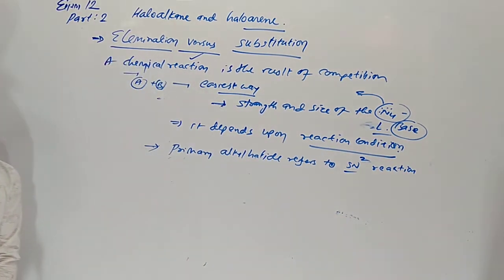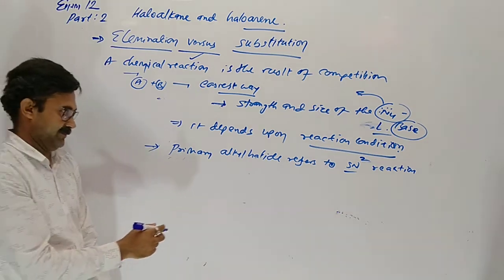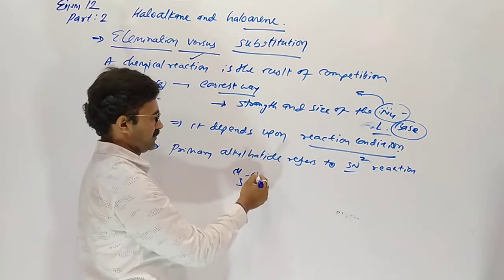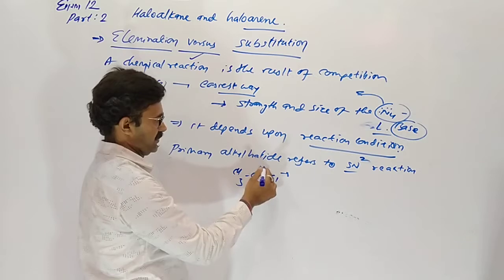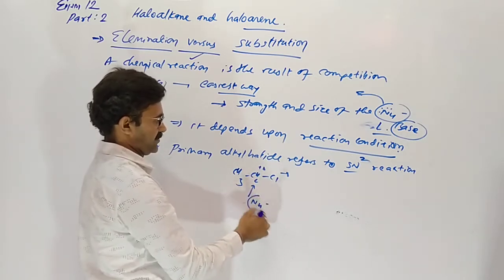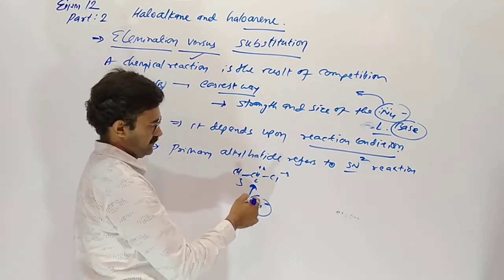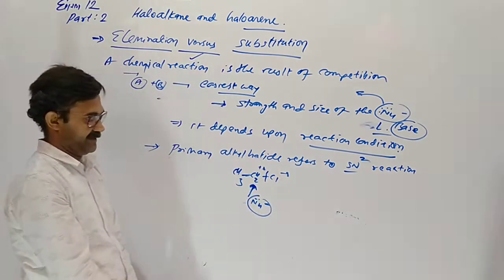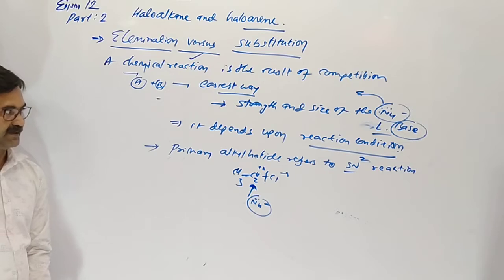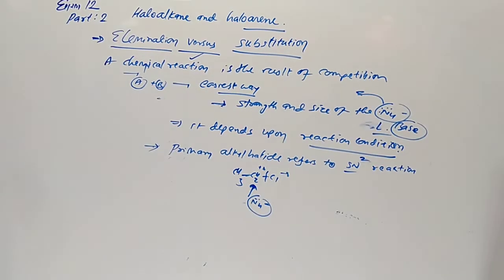SN2 means the reaction occurs in one step. In the presence of halogen, the nucleophile enters, this bond starts to form and this will break. So primary alkyl halide generally prefers SN2 reaction.